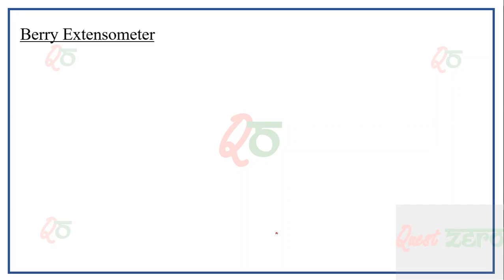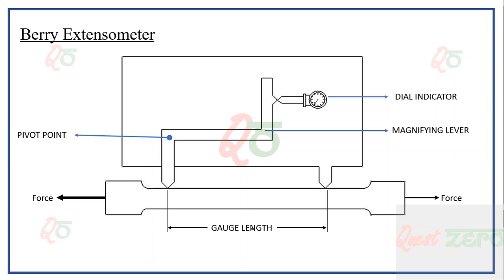We'll take the first example of a mechanical strain gauge. As I told you, in mechanical strain gauges, the amplification of the signal to the readout stage will be through mechanical linkages. So what are these mechanical linkages that could be employed? We'll go through the diagram first. All must be familiar with this test specimen which has been shown.